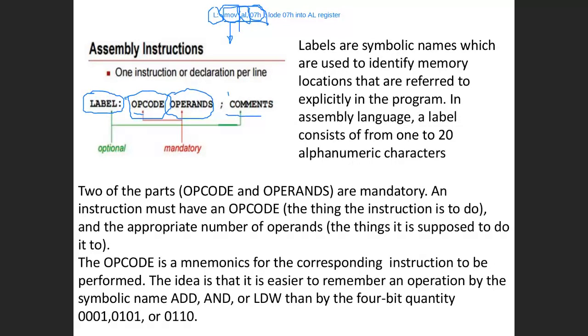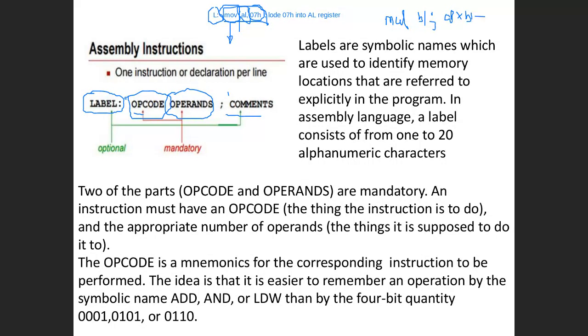But some instructions may not have two operands, only one. If you remember multiplication, MUL BL, what does it mean? It means AL multiplied by BL, and the result will be saved in AX.